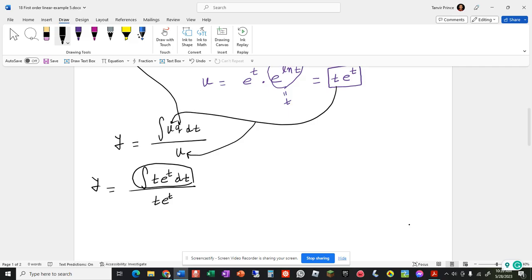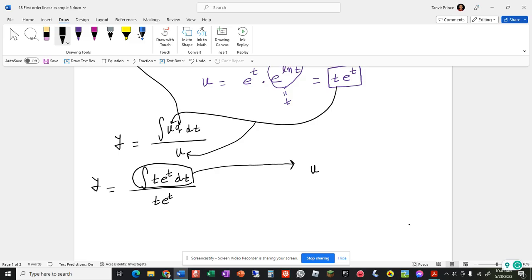Okay, so let's actually do that. This one is by integration by parts. So let's integrate by parts. So again, this u and dv business, and don't confuse this u with the integrating factor. That's u for the integration by parts.